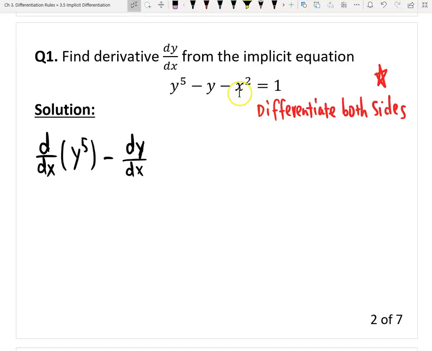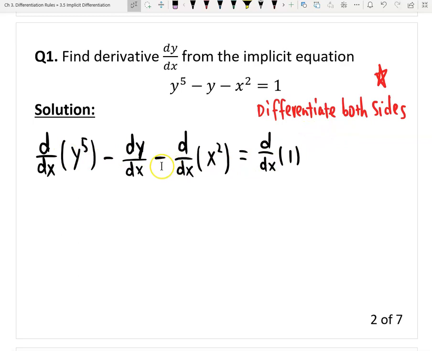The third term is minus x squared, and we take a derivative of it, of course. I wrote one more step for this x squared. This is the differentiation of the left side. Differentiate the right side, which means d/dx of 1. That's all we need to do for the first step.